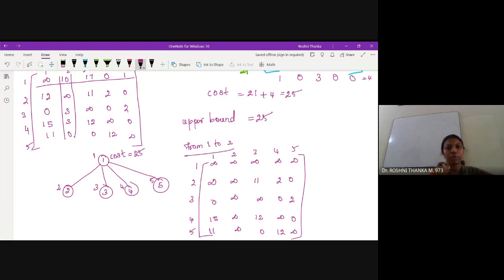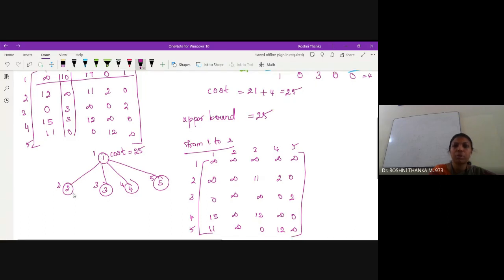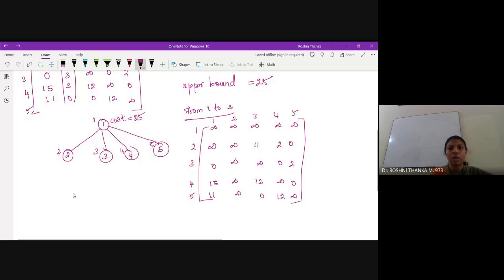Again, what is the objective next? I want to find the cost of it. Now we are finding the cost when I move from 1 to 2. If you want to find the cost, we know how to do that. For that, I will write the formula for how to find the cost.